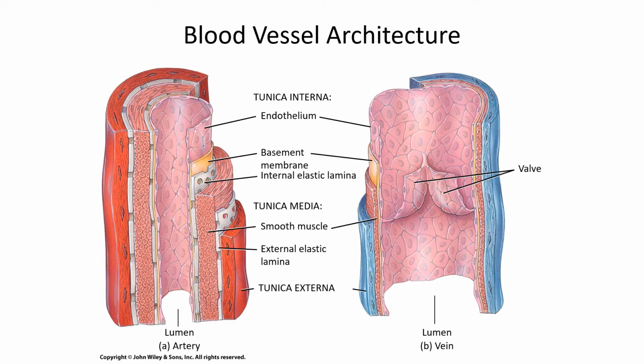Finally, outside of that, we have the tunica externa, which is connective tissue consisting mainly of collagen. One last thing to note, look at the vein and you'll notice that there are little cusps of endothelial tissue that form valves. That prevents the blood in the vein from flowing in the wrong direction.